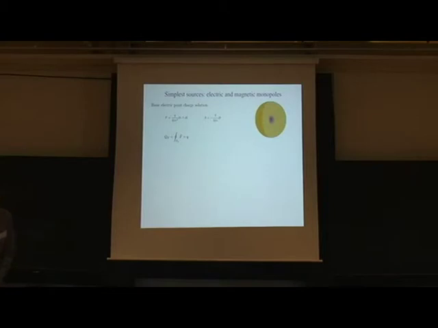Okay. We then look for the simplest sources, so the electric and magnetic monopoles. The basic electric point source solution is just the 1 over r Coulomb potential, or the 1 over r squared field strength. And the way we calculate the electric charge is to look at some Gaussian surface, a 2-sphere that surrounds the charge, and then integrate the dual of the electric field over it, and that gives us the charge.